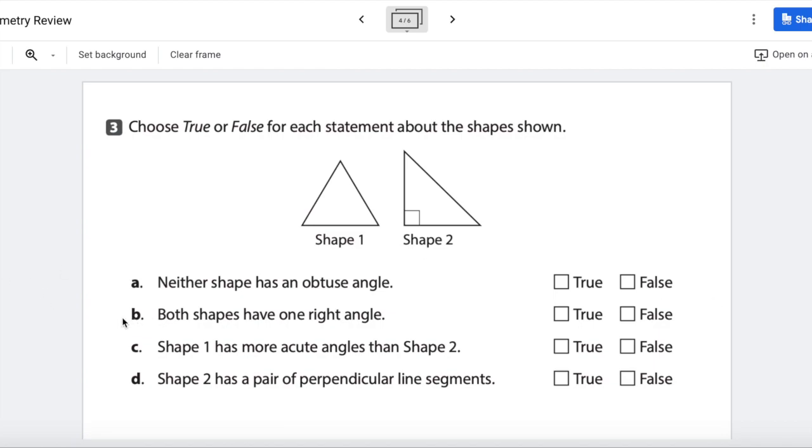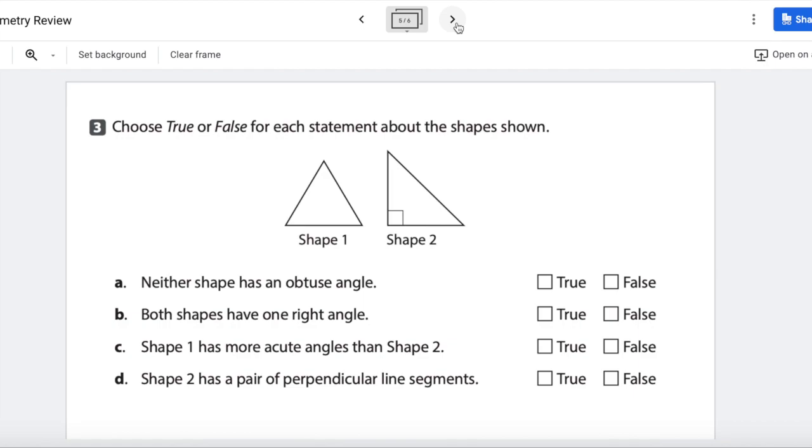Statement B. Both shapes have one right angle. True or false? Statement C. Shape 1 has more acute angles than shape 2. True or false? And for the last one, shape 2 has a pair of perpendicular line segments.